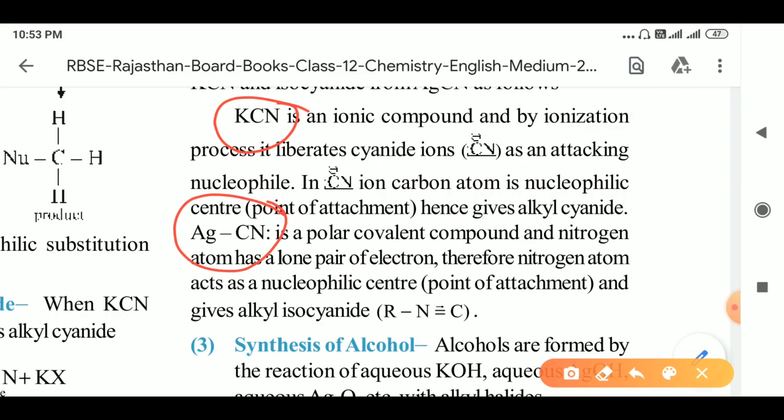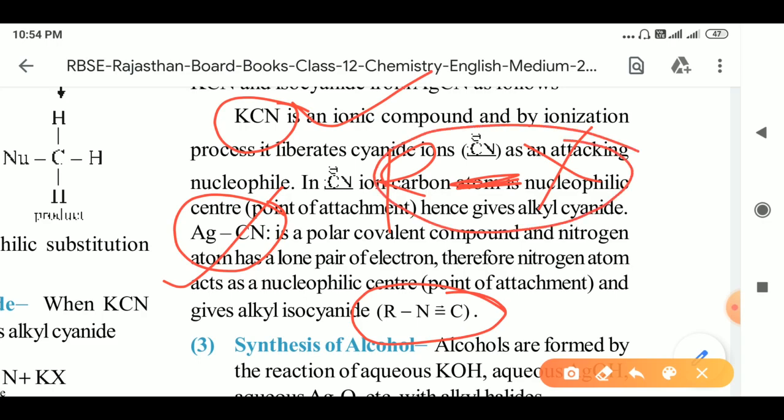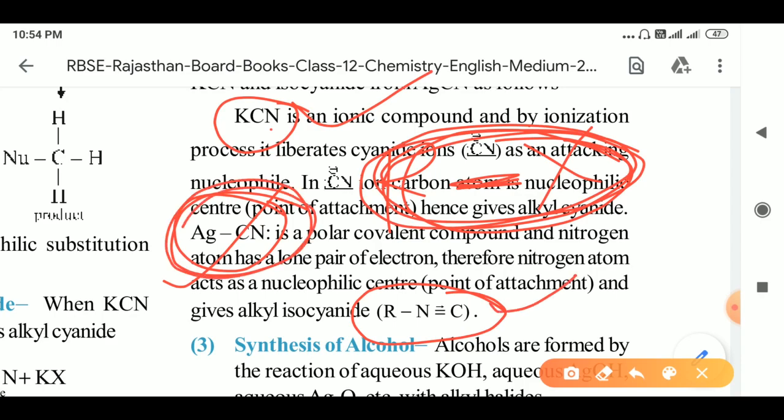So after the reaction of KCN, it gives cyanide compounds, and after the reaction of AgCN, it gives isocyanide compounds. Listen again, I repeat: if RX reacts with KCN, it always forms RCN, but if RX reacts with AgCN, it always forms RNC, that is, isocyanide.